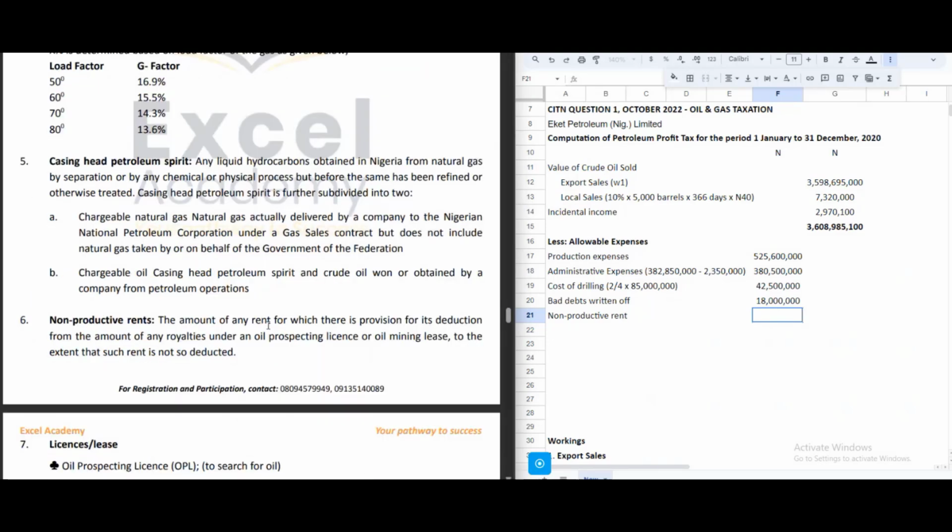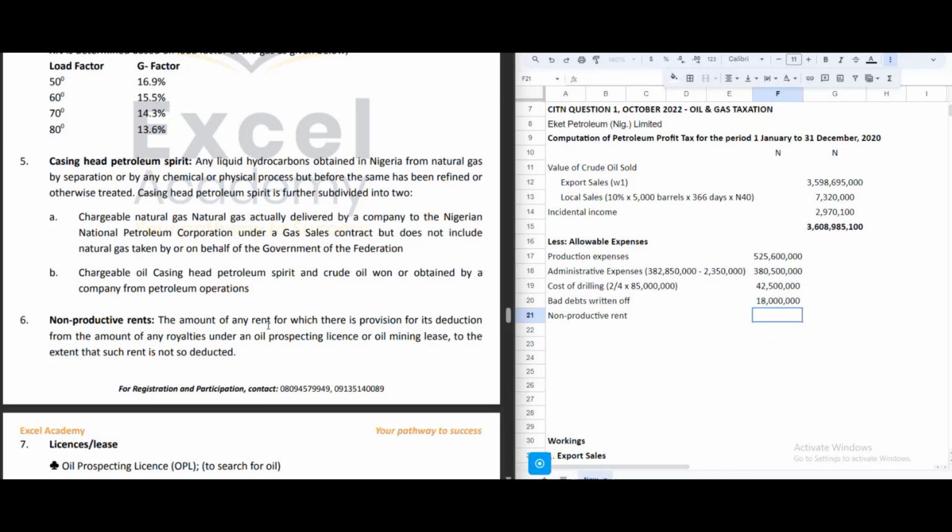So here now it refers to the amount of royalties under an oil prospecting license. In the case whereby there is a provision to deduct the amounts that will generate from the royalties under the oil prospecting license, you get that? So here now such rent won't be deducted.